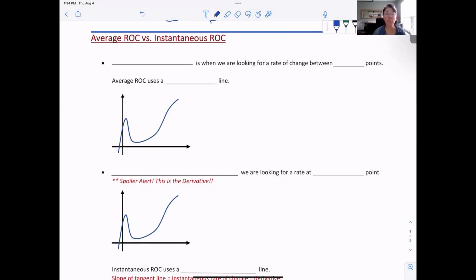Now let's focus on the difference between an average rate of change and an instantaneous rate of change. An average rate of change is when we're looking for a rate of change between 2 points. And we've done this before. Remember, the average rate of change uses what we call a secant line. So in this picture here, let's imagine a point P, and that occurs at the input value x.